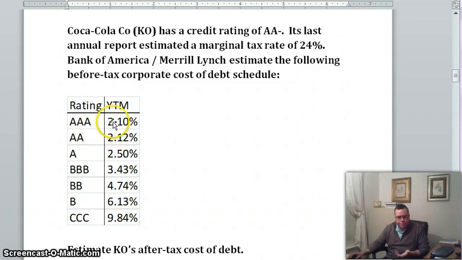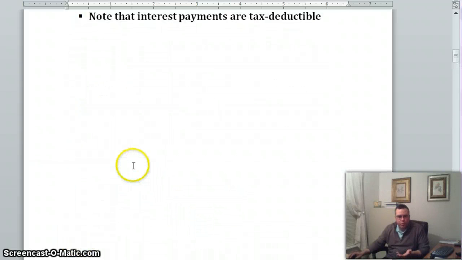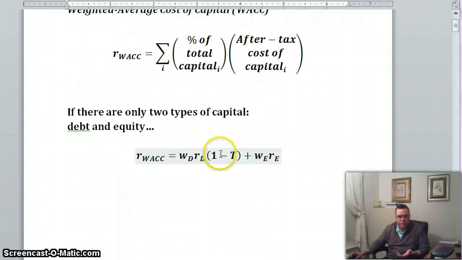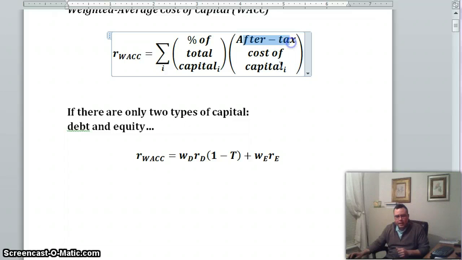But down here it says estimate Coca-Cola's after-tax cost of debt. Well, the formula I wrote way back up here for the debt portion, it's just this part right here. This part, just the RD, that's the rate you pay on your debt. That's the rate that the investors receive. From your perspective as a corporation, when you're paying on debt, though, we want to consider after-tax cost of debt. Debt payments, interest payments, are tax deductible. They come above taxes on your income statement, and so they're essentially a tax shield.